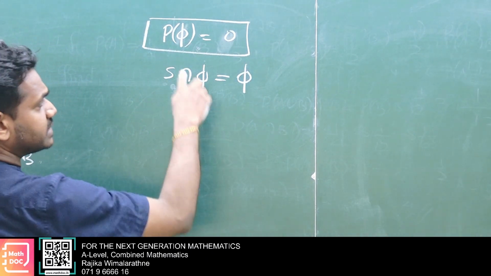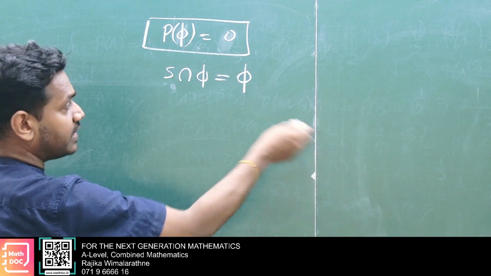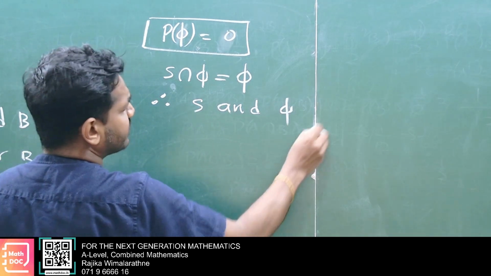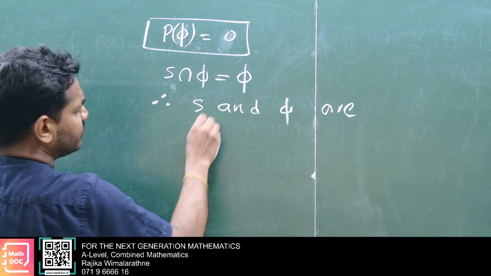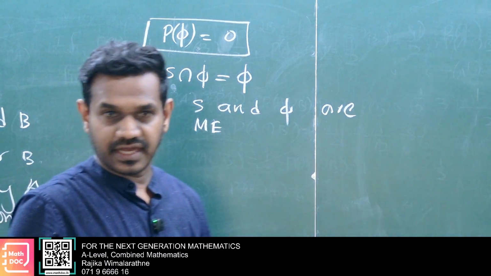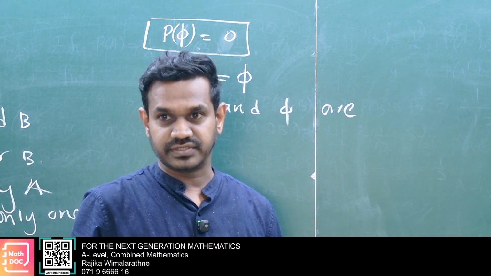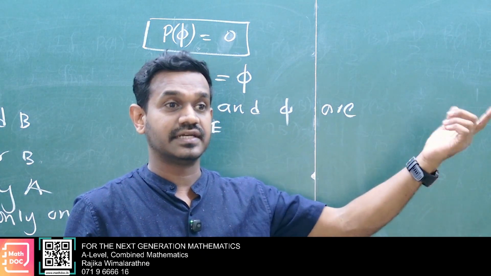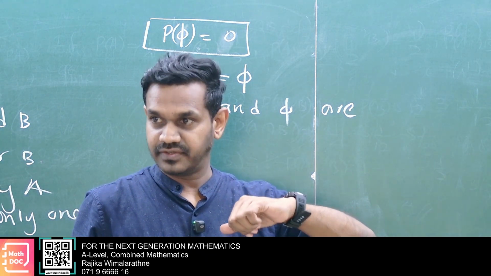Then since S intersection null equals null, you can say S and phi are mutually exclusive, no? If the intersection is null, then events are mutually exclusive. Then if events are mutually exclusive, we can consider the third axiom, no?